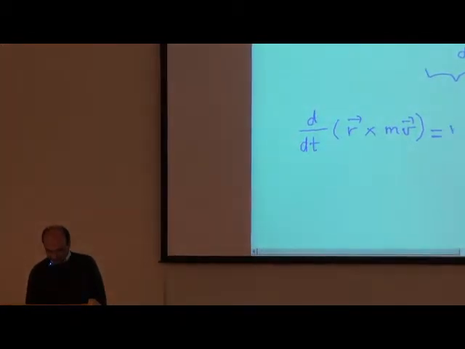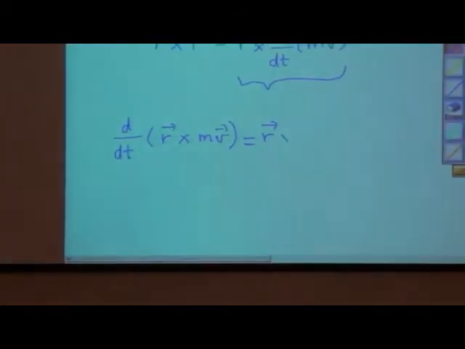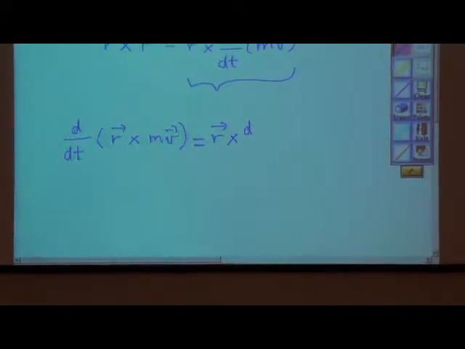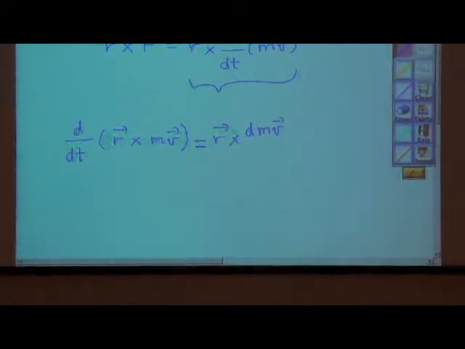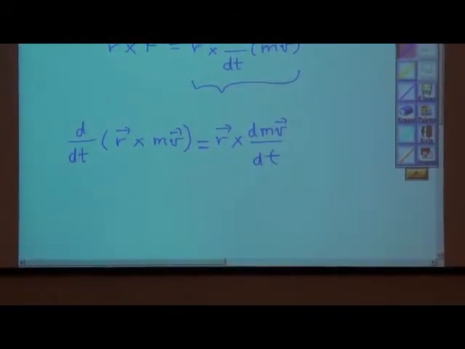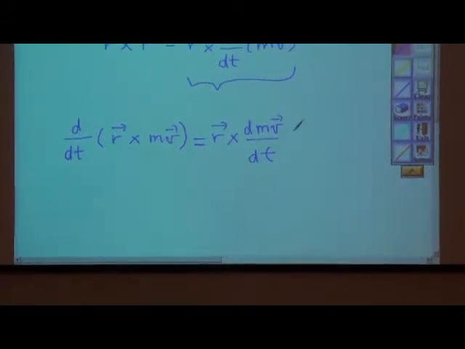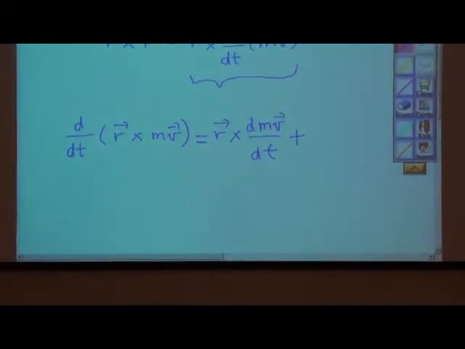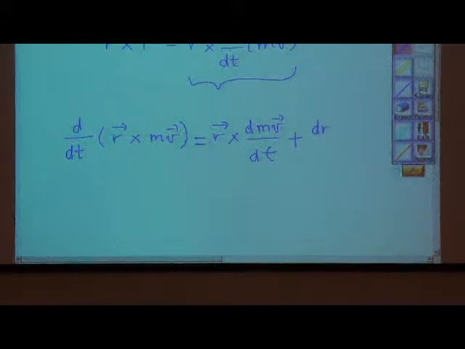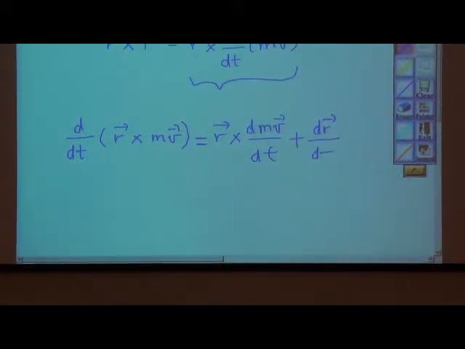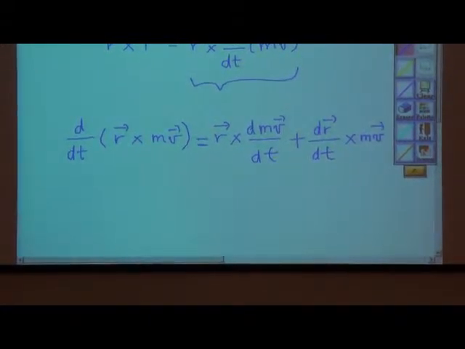So the first term is r cross d times mv over dt, plus d of dt of the position vector cross m times v.